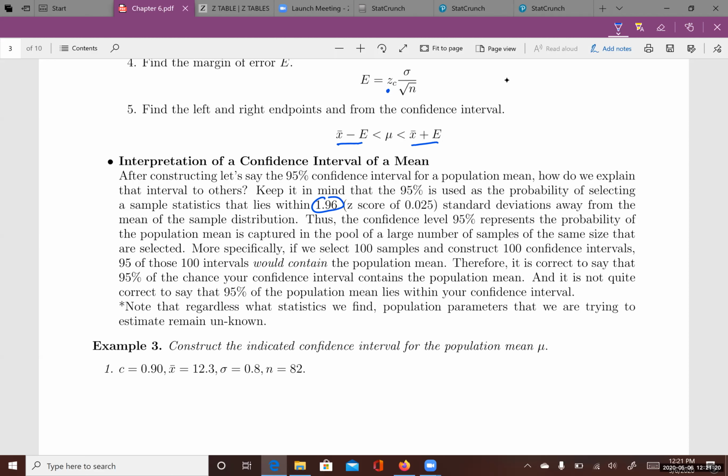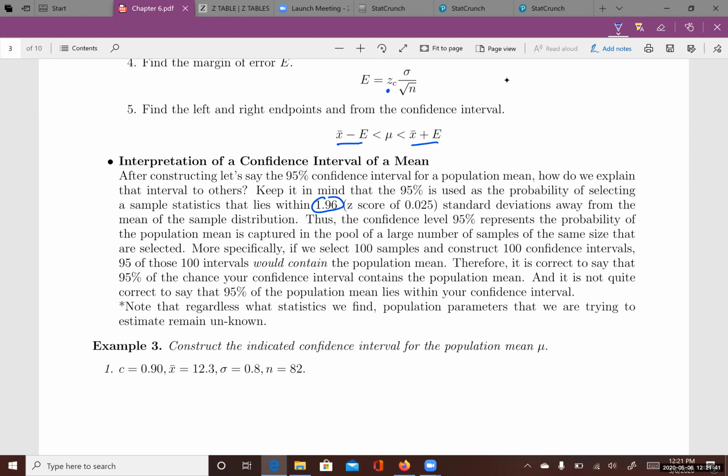So the confidence level of 95% represents the probability that the population mean is captured in a large number of confidence intervals constructed from samples of the same size.